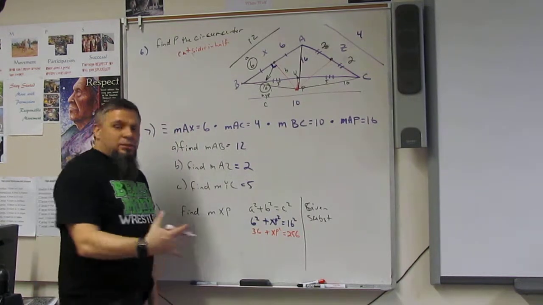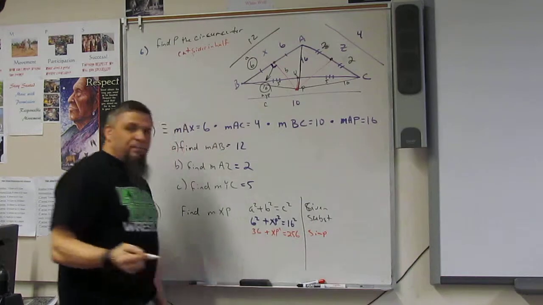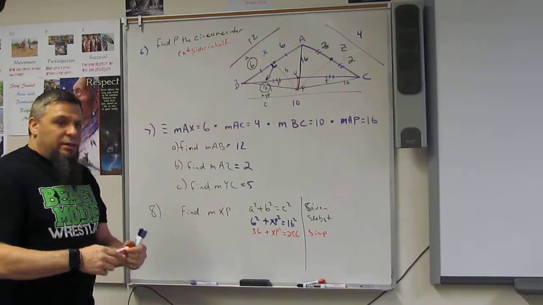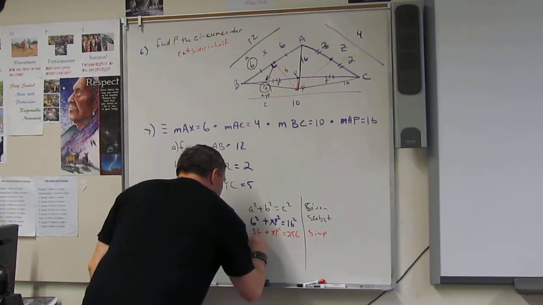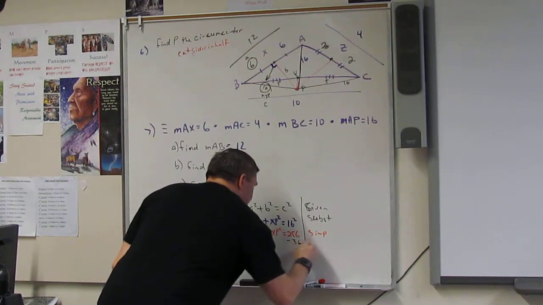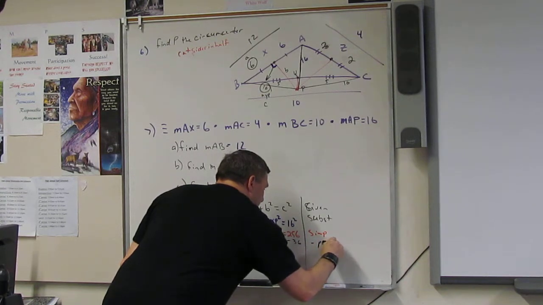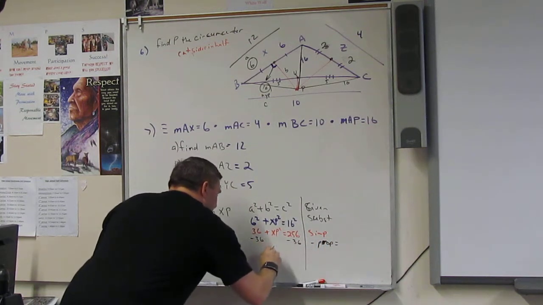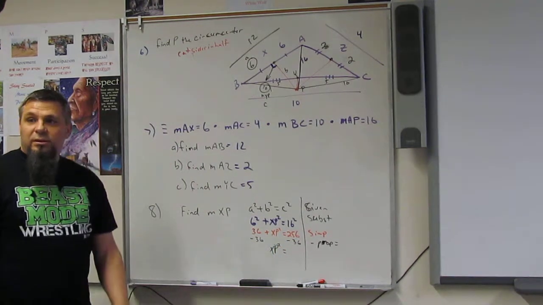Right? So that would be simplification, right? And then subtraction from both sides. Subtract 36, subtract 36, I get subtraction property of equality. So I've got XP squared equals 220.